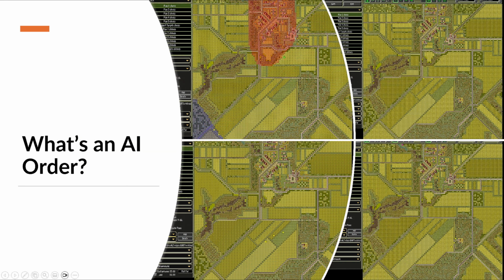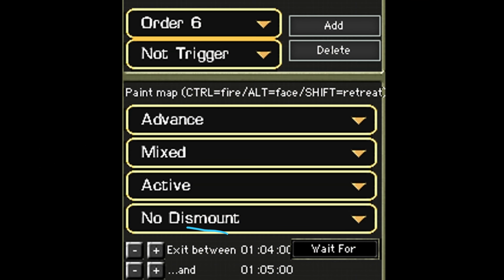What's an AI order? An order for an AI group must consist of the following: exit before and exit after time slot. They tell the AI what time period to enact an order. Movement behaviour. They tell the unit what behaviour to prioritise.